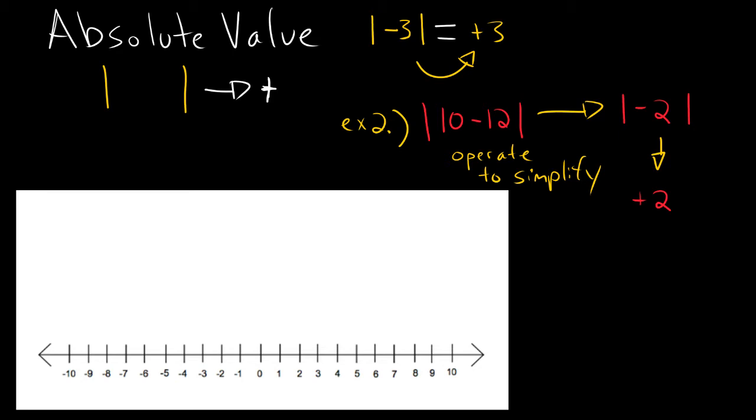So let's do just one more example here, so that you have a good sense about what you can expect with the basics of absolute value. We'll call this example number 3. I'm going to do an operation inside of the parentheses.